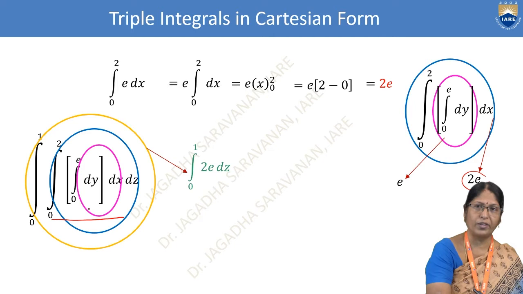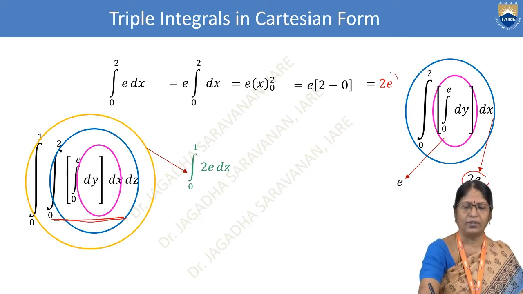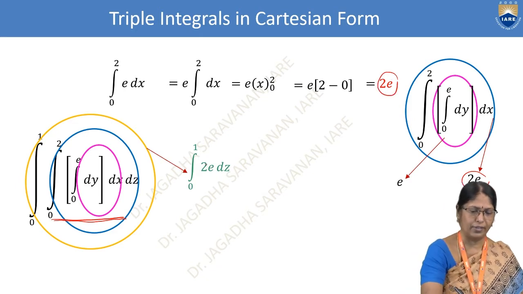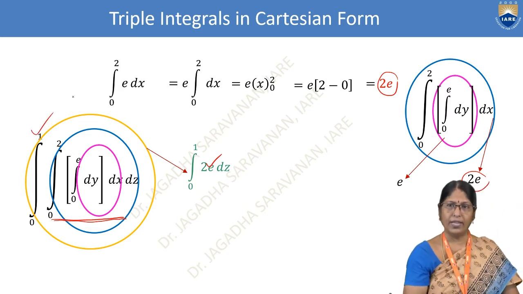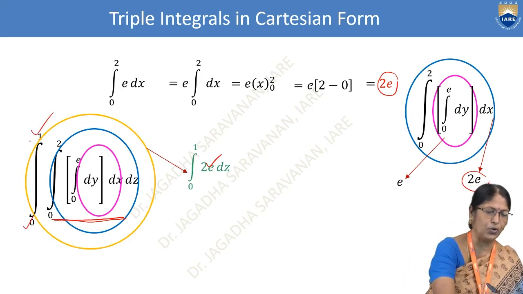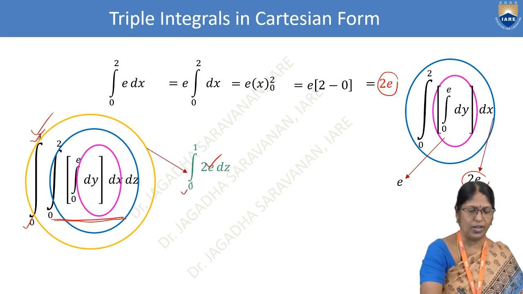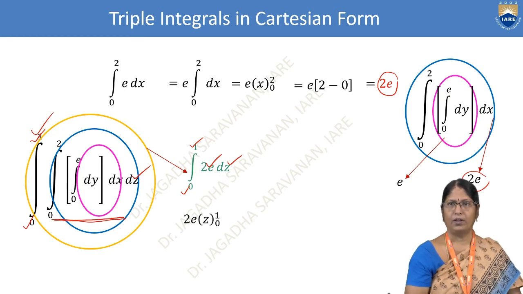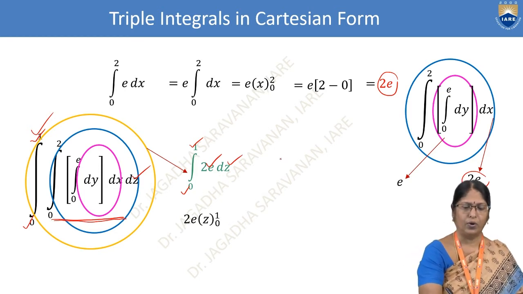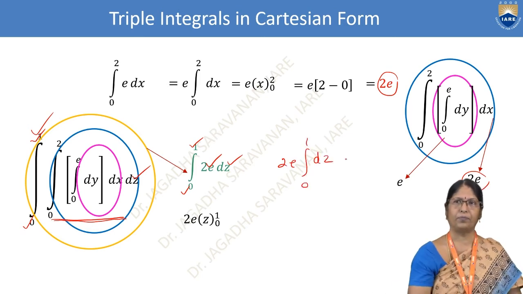So now we are going to substitute this complete result, which is nothing but this 2e. It is substituted. The outermost integration limits are from 0 to 1. The outermost integration is with respect to z, so it is written dz. Now the 2e we can keep outside, 0 to 1 dz.